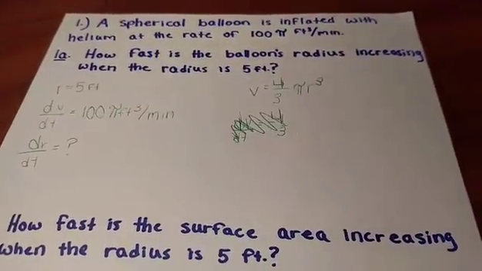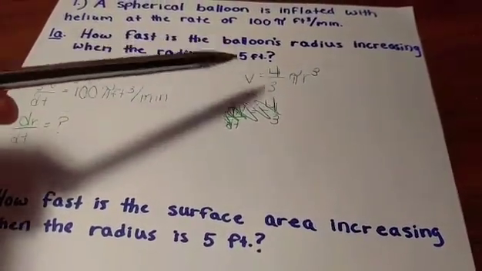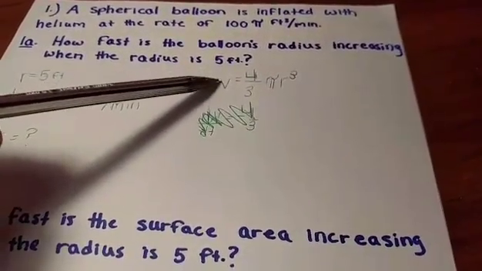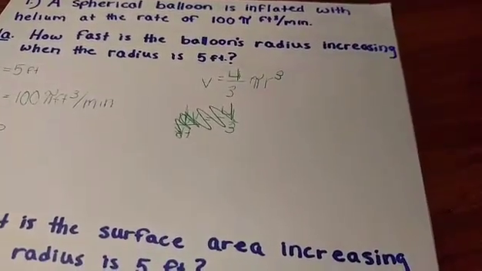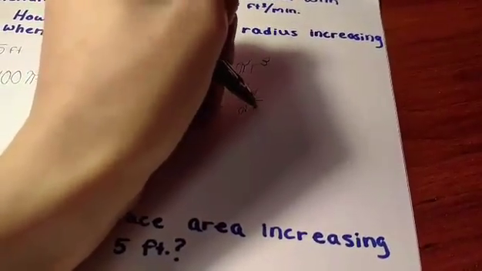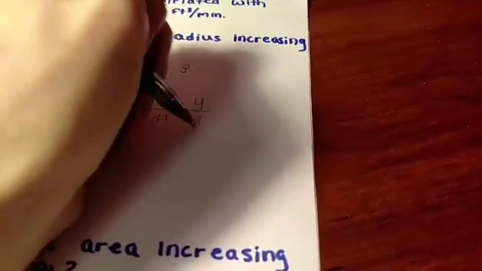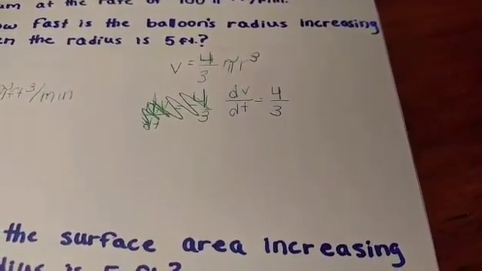Moving on, now we would differentiate this equation. I actually just screwed up on doing that, so that's why that's all crossed out. But what we need to do is differentiate this original equation. The first thing we would do is write dV over dt, because we're doing this with respect to time, equals, and then we would keep the 4/3 because 4/3 is constant. Then we still have the pi r cubed.